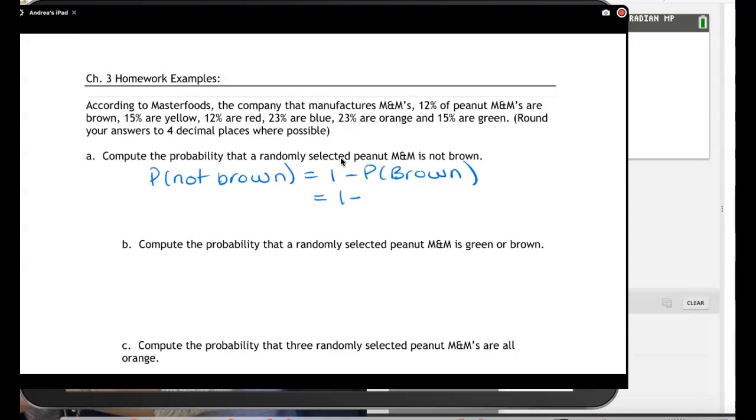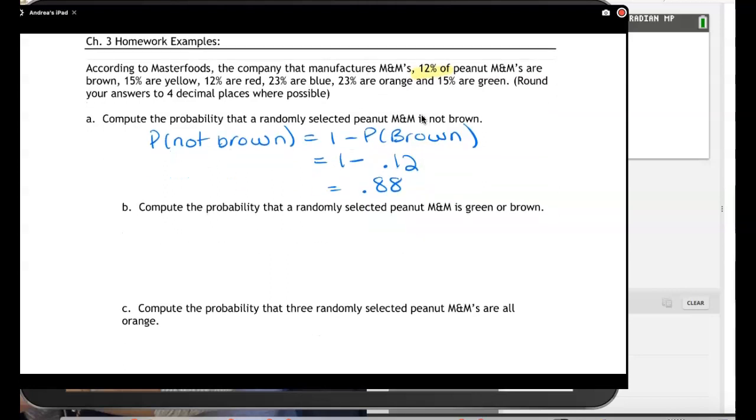So if we do 1 minus the probability that it's brown, what was brown? 12% are brown. So it would be 1 minus 0.12. Remember the probabilities we typically show as a decimal. So this would be 0.88. Okay?